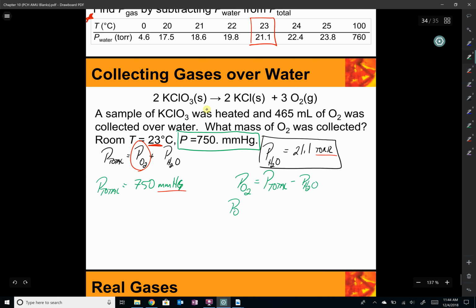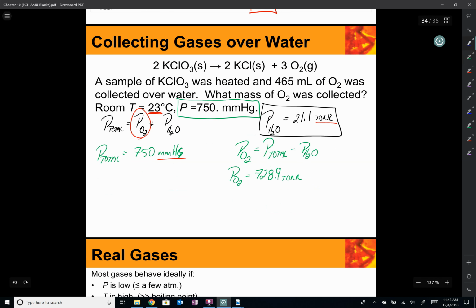So the pressure of O2 is 728.9 torr, or millimeters of mercury, whichever one you want to use. Got it. So again, total pressure versus the individual pressures.